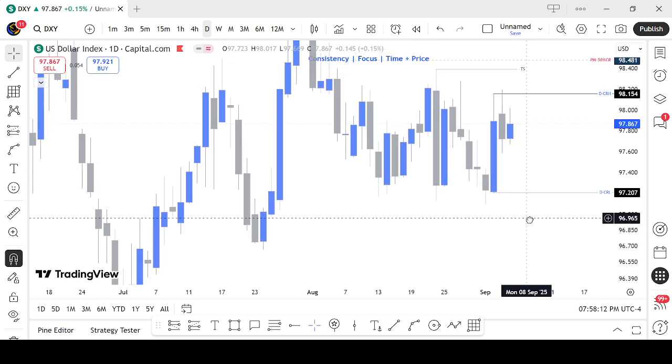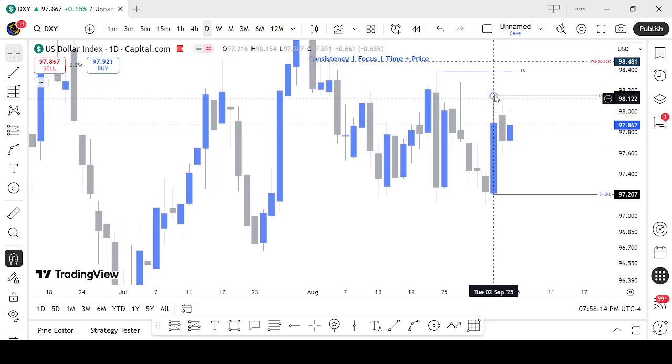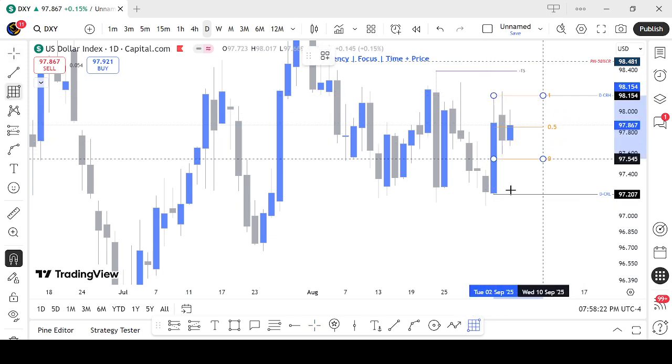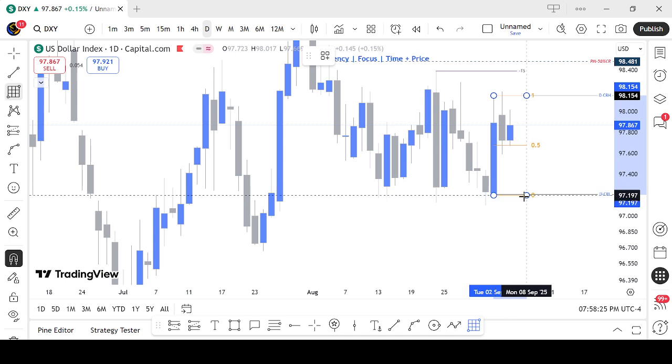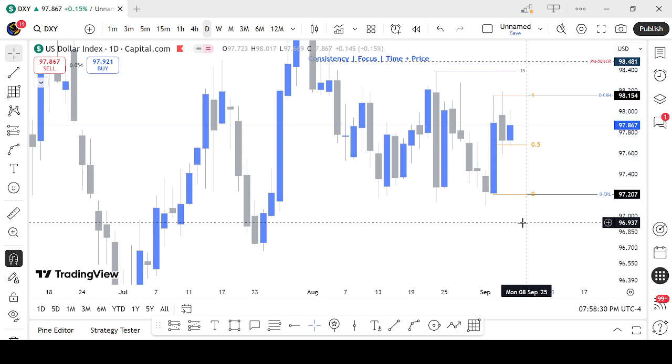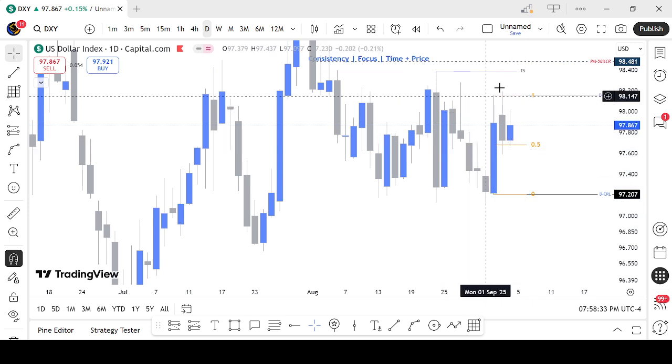Now, what do you know about CRT? And this particular CRT candle is our range candle. Whatever I explain here, you can go and apply it to EU and you will see what I am trying to explain. So there's no need for me to explain it here and explain it on EU again. So how do we trade our CRT candle?